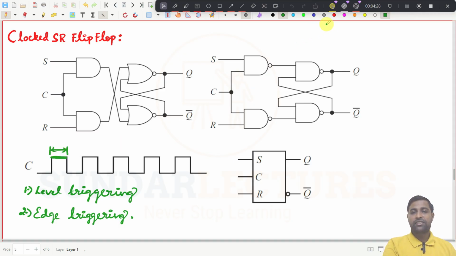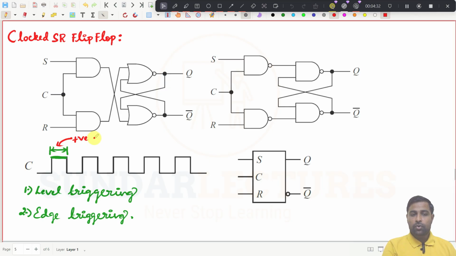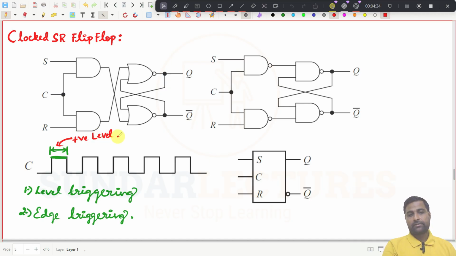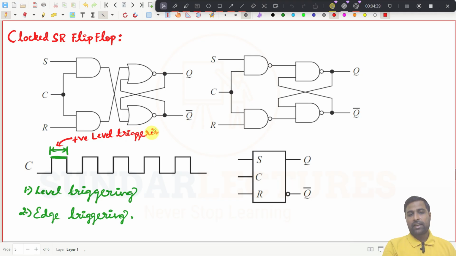At this particular region, we generally say it is positive level triggering, right? Positive level triggering.